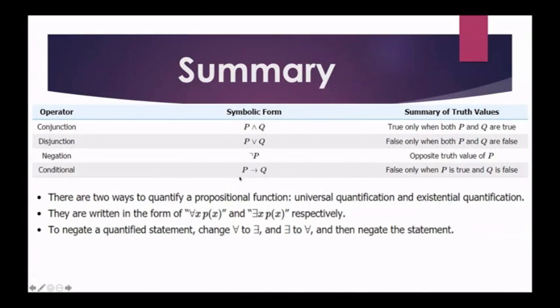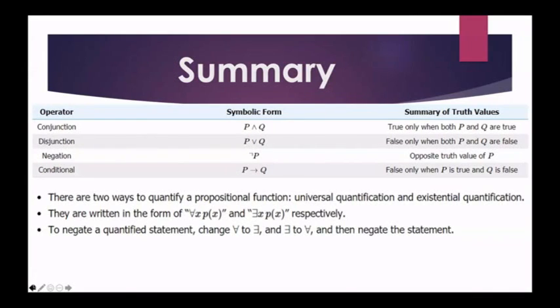And then there's another one, which is the if and only if, not mentioned here. The if and only if is true when both P and Q are true, and when both P and Q are false, then that compound statement is true, right?